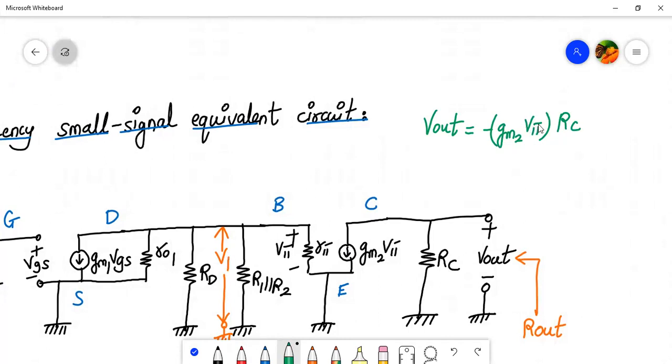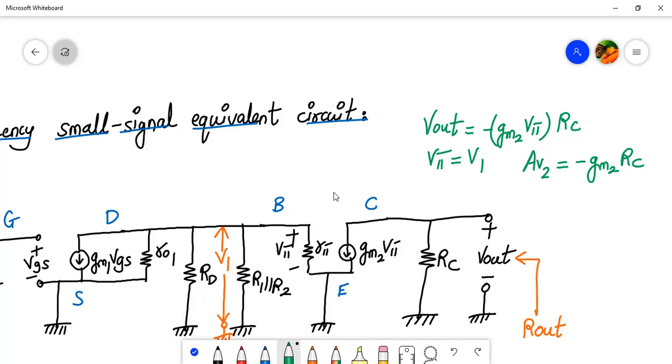So your V pi is equal to V1. What will be my voltage gain V out upon V1? Your AV2 will be minus gm2 times RC. That's the formula we'll be using to calculate the voltage gain of the second stage.